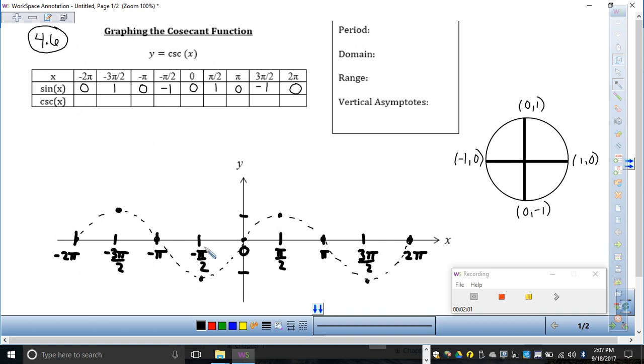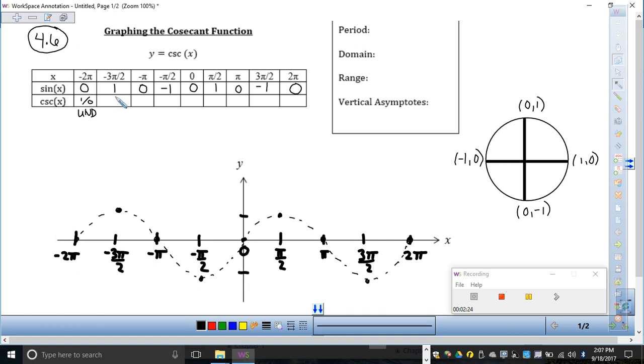All right, let's go back up here and think about what's going on with cosecant. So we know that cosecant is the reciprocal of sine. So if sine is 0, you can think about that as being 0 over 1. When we do the reciprocal, we get 1 over 0, which is undefined. All right, when sine is 1, that's really 1 over 1.